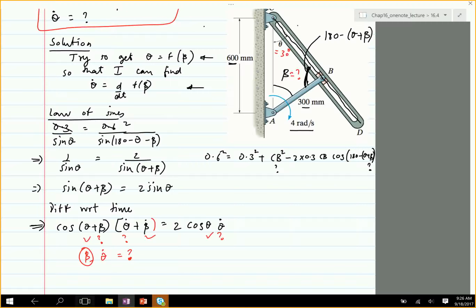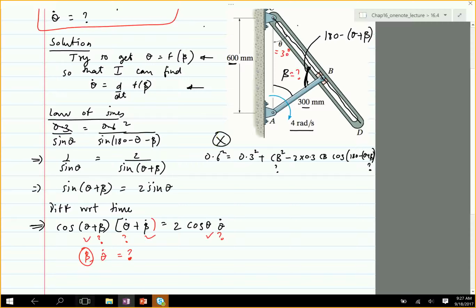I would use the other side actually, 0.3, just because I usually choose a side such that I know the angle opposite to that side. In this case, I know the angle theta is 30 degrees. So when you know one angle, try to use the cosine rule on the side which is opposite to the angle which you know. In this case, it's 0.3.